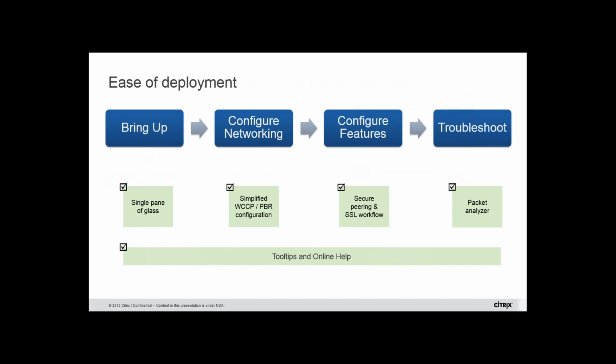So basically, some of the advanced deployments like WCCP clustering, HA, PPR are going to be as simple, if not simpler, as configuring the appliance in inline deployment. Similarly, the configuration for fine-tuning WAN optimization parameters has also been streamlined.